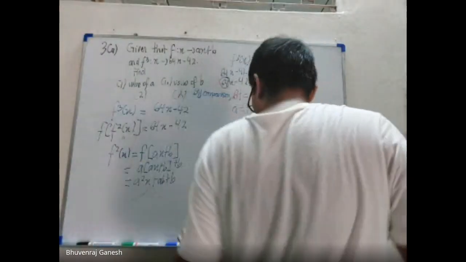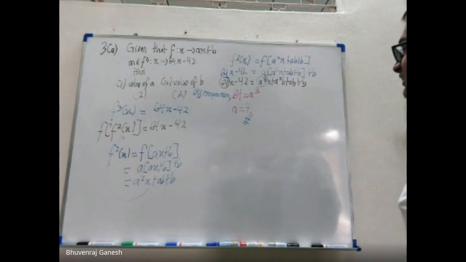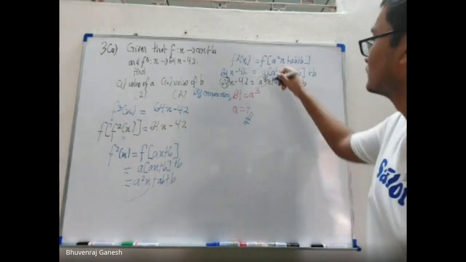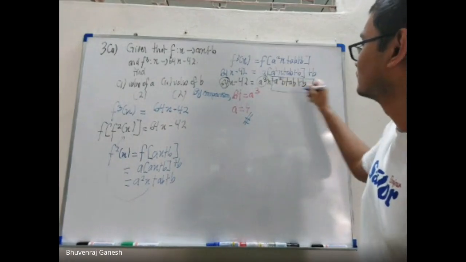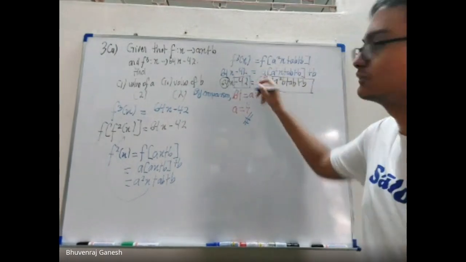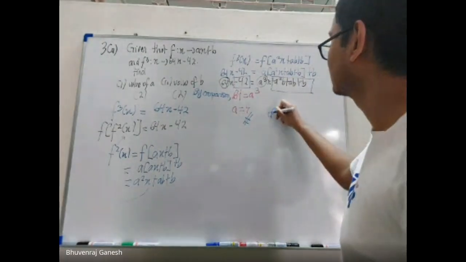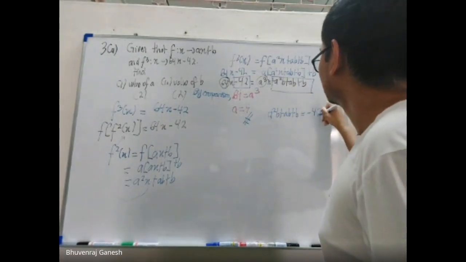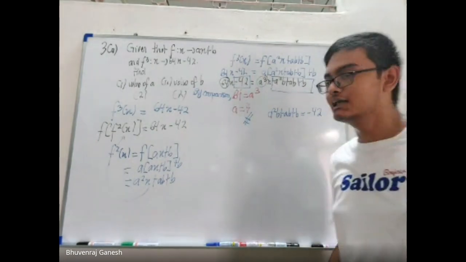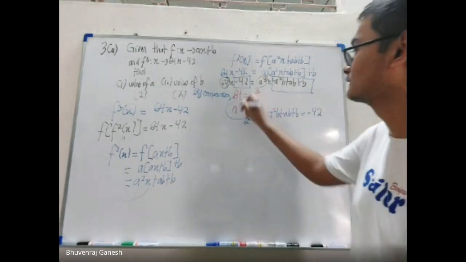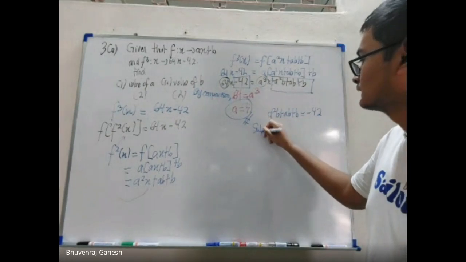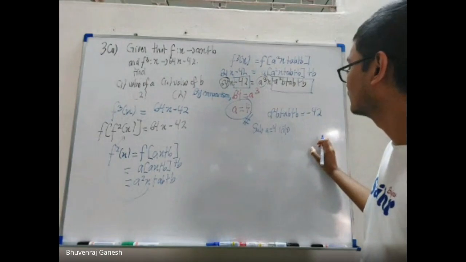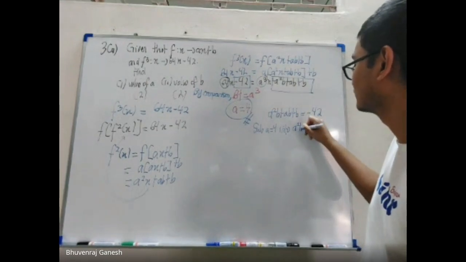So then now how to find for b, you might be thinking, because there's no direct link here. So what we're going to do is, you just take this whole expression here, we compare it directly with negative 42. So a square b plus ab plus b is negative 42. So how are we going to solve for b? We already have our a value here, we must realize a is 4. So we can sub a equals 4 into this whole equation, basically.